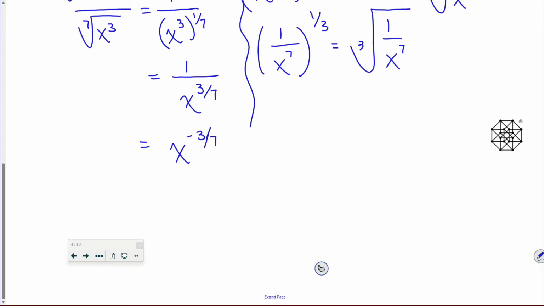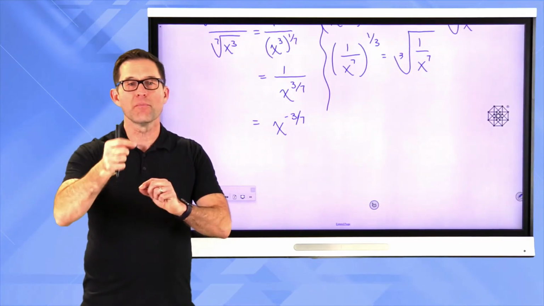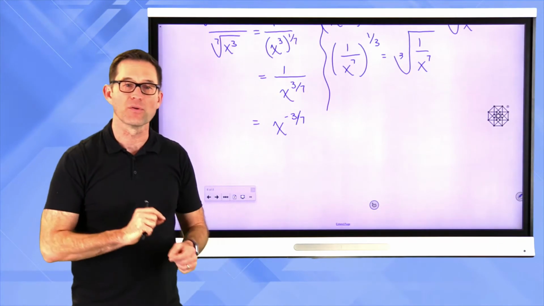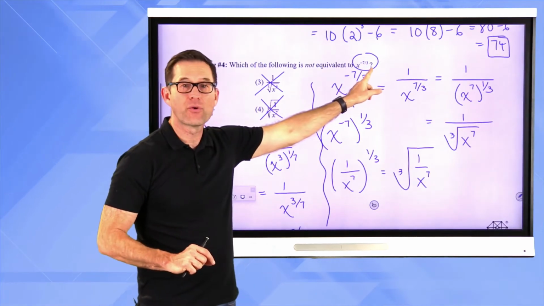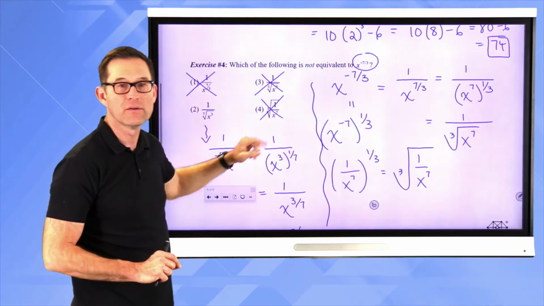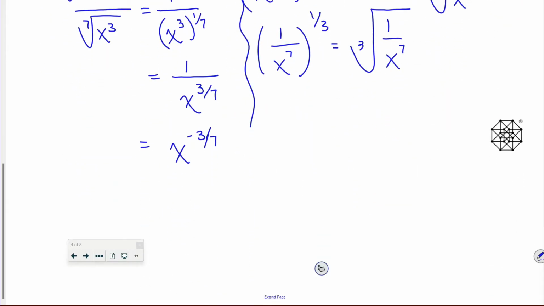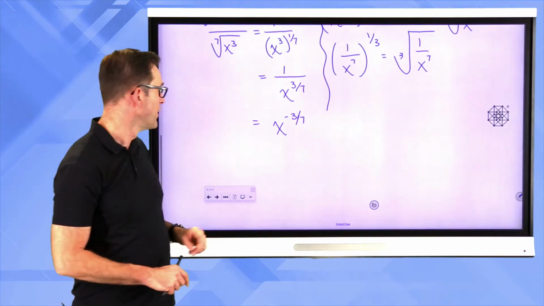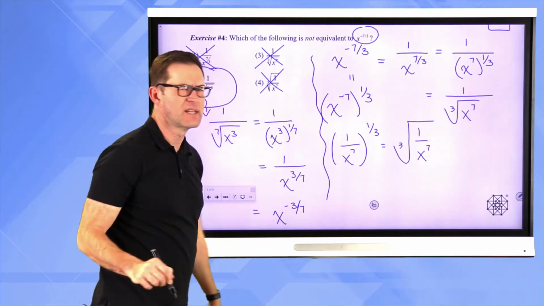So in that last choice, the one that's not equivalent, it's that whole root power thing that has been reversed. Here, ultimately, I have a 3rd root and a 7th power. Sorry, it's a little bit hard to see that. A 3rd root and a 7th power, whereas in choice 2, I've got a 7th root and a 3rd power. All right, so ironically, the one that is correct is the one that's incorrect.